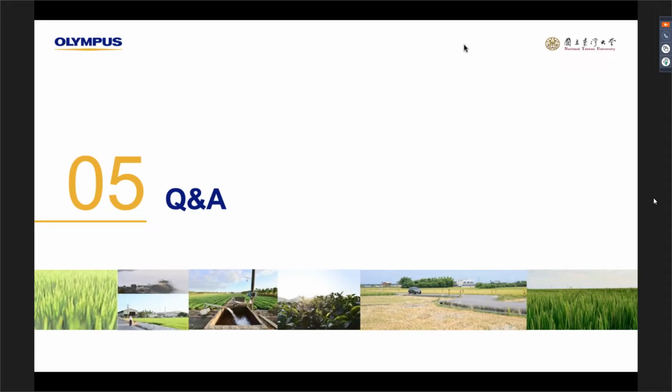XRF technology itself comes with 2 different types of method. One is the energy dispersive XRF, which is the EDXRF, and the other one is the wave dispersive XRF. The technology that we're sharing today is using the EDXRF. But in the market, we call it pXRF because the P stands for portable, so that you can bring it on site to do the testing.